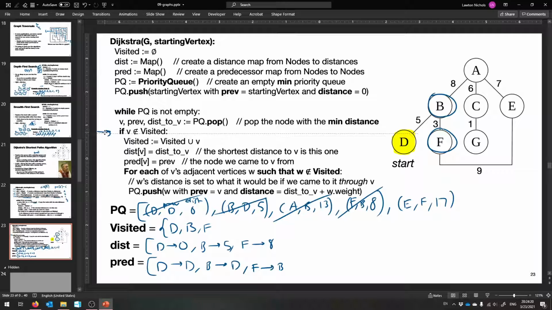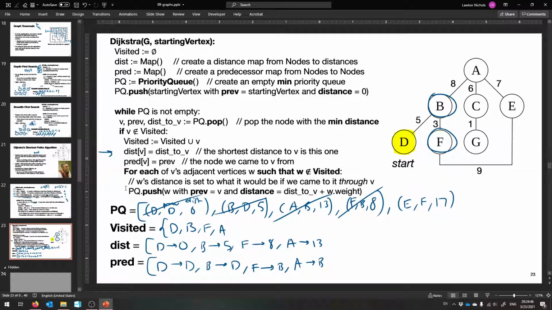We haven't visited A yet, so we're going to visit it and say that the distance to A is whatever we saved it as, which is 13. And we came here on the shortest path from B. So the predecessor in the shortest path going to A is B.